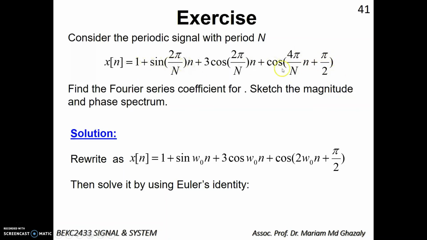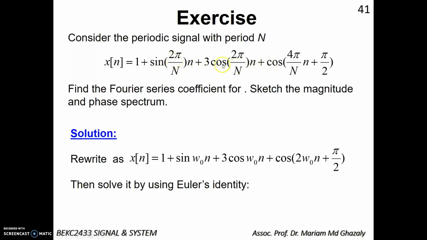Okay, so here directly you can see that you have the DC term, 1. And you also know that you are going to have a complex value because you have the phase value here. From here, what you need to look at is the fundamental period given here.